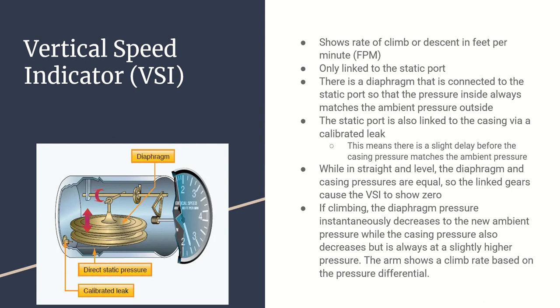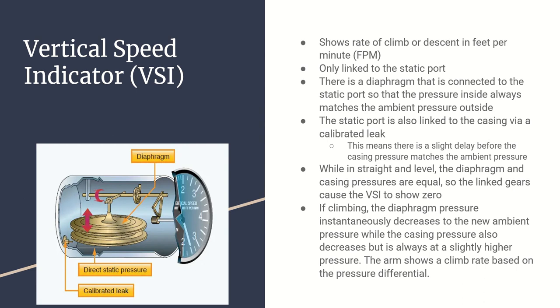With those things in mind, it would seem that that makes no sense. Because let's say we're initiating a climb, if the pressure in the diaphragm decreases, then the pressure in the casing would also decrease. So there's no pressure differential. How would this thing show us any information? Well, we have to consider the fact that the linkage to the casing is a calibrated leak, which means that it takes a few seconds for that new pressure reading to fill that casing.